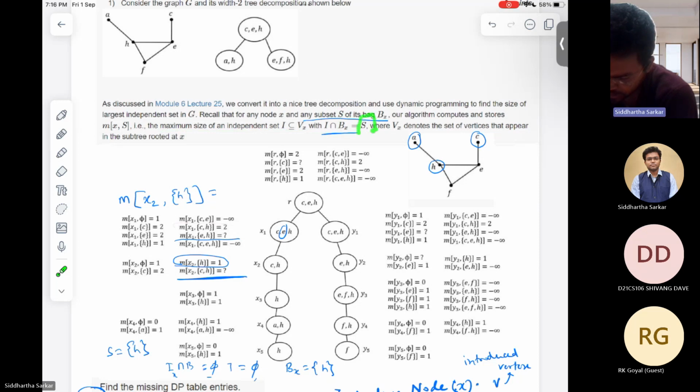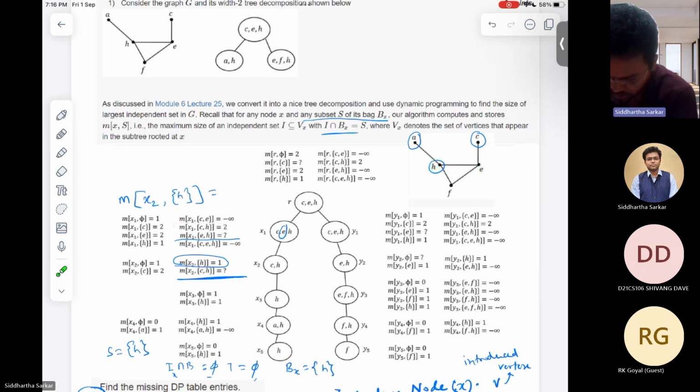So what is S? S is already EH. Now you have to take EH. Other than EH, you can take other things. Okay. So is it possible to have an independent set where both E and H are there? See, E and H is part of an edge. So there cannot be an independent set that contains H and E both.